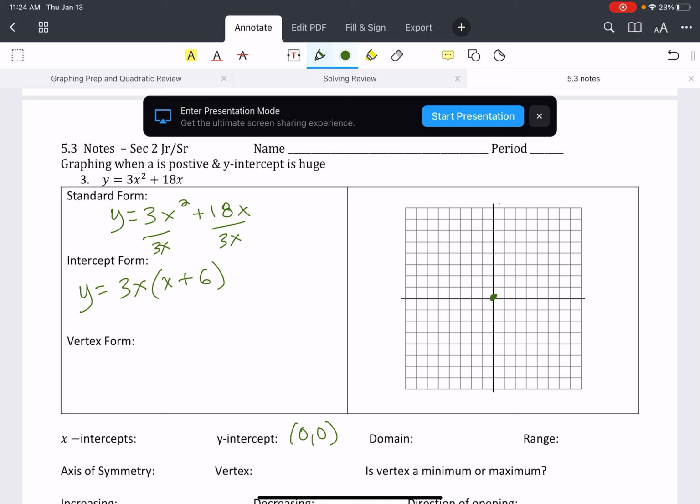So, what's the x-intercept given by this part? This is -6. Yep.